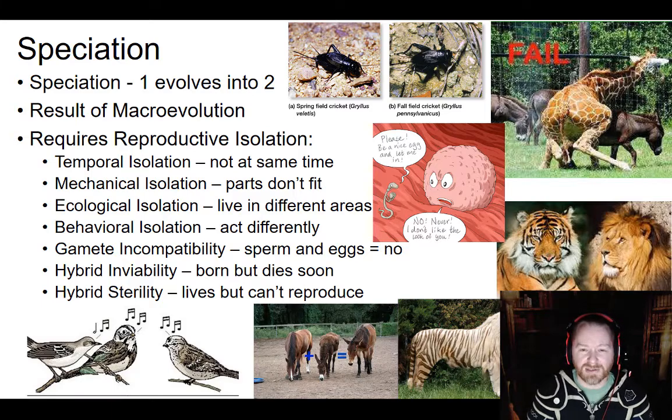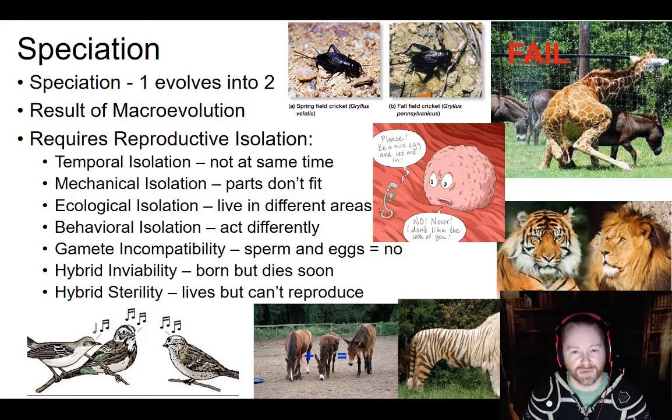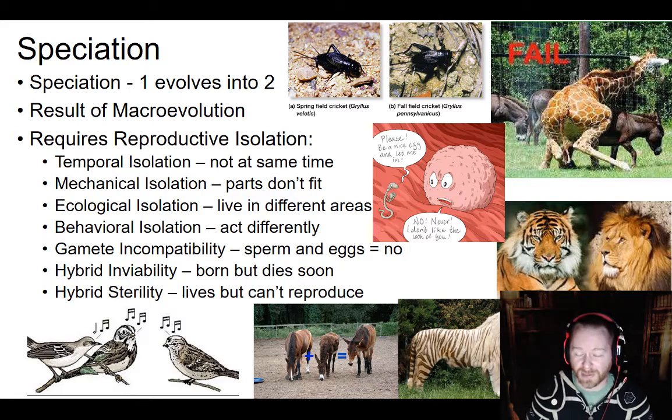But then let's say you do have two species that can interbreed and produce an offspring that doesn't have very bad health effects and can live a long, healthy life, but often they're sterile. And so that's called hybrid sterility. So a donkey and a horse can have a baby, and they're mules. That's how we get a mule. Mules are healthy. They're fine, but male mules are sterile. They cannot reproduce.